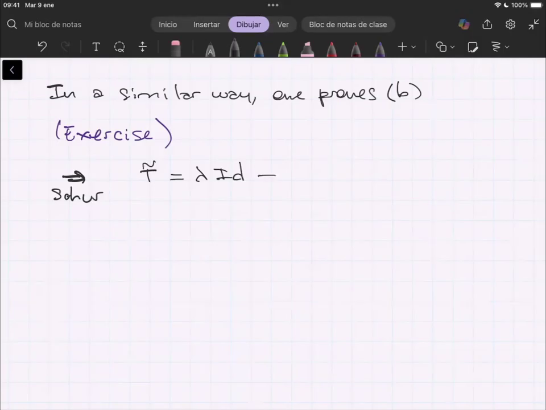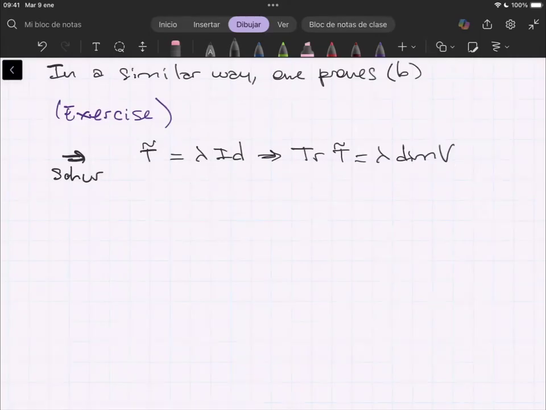To compute the lambda, we take the trace. Yes, we take the trace of this map, and the trace of this map will give us lambda times the dimension of the representation.